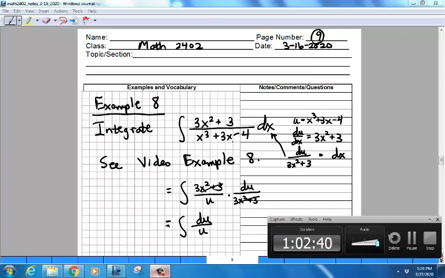Okay, so that's a type of substitution, but it involves, as you can tell, trigonometric functions. So we're going to take that up in next Monday's lecture. So that will be Monday, April 6th, I guess, if I'm counting right. All right, so I will see you then on Monday, April 6th.